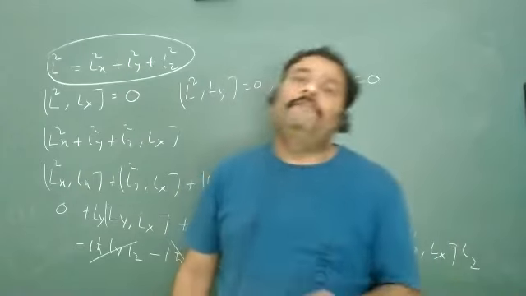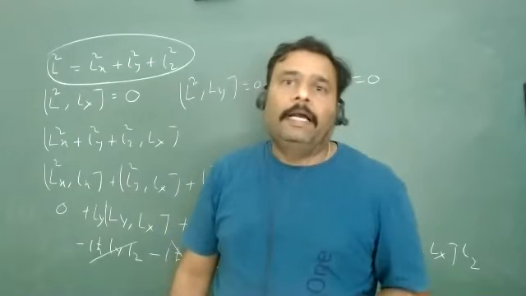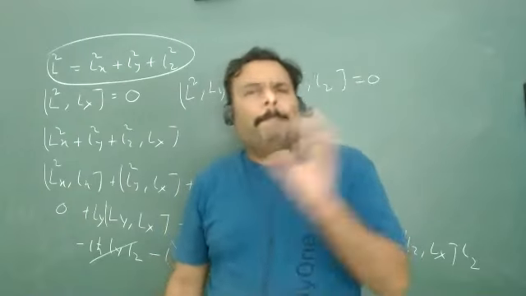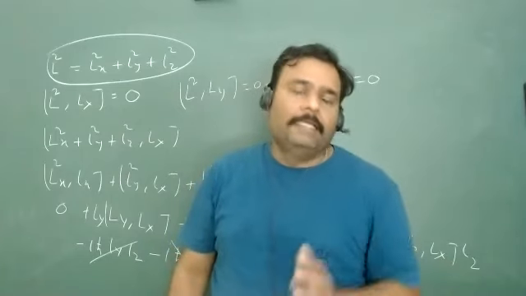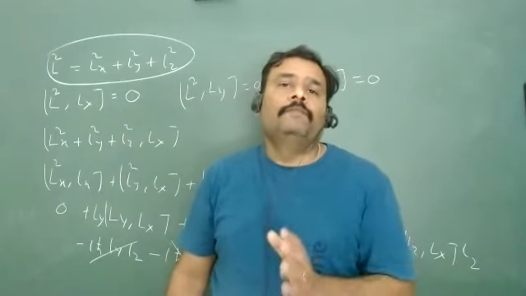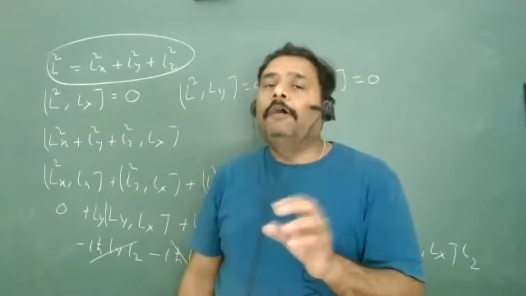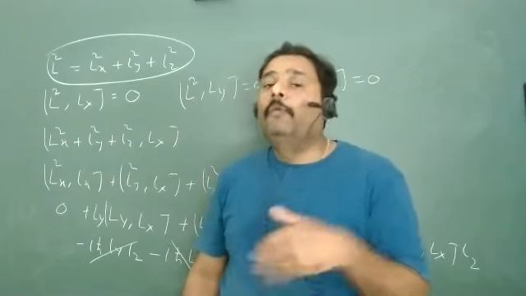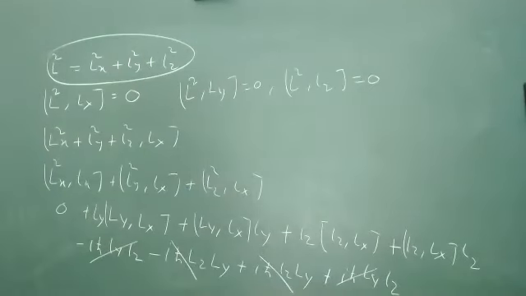You can also figure out the common eigenfunction for L square and Ly, because they are commuting. But for convenience, I am going to take L square and Lz. You will also give me a hint why I am taking this.